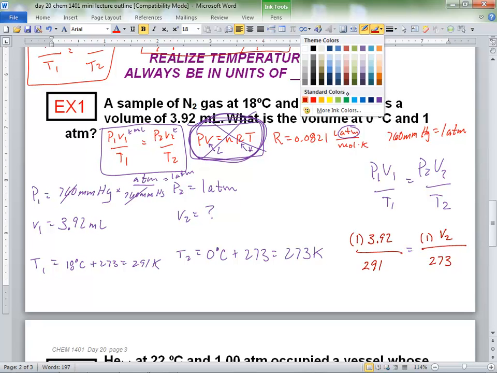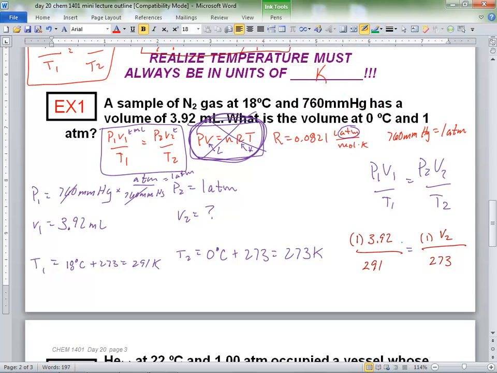See how this is a great problem for those, right? It's moving things along a diagonal. V2 is already up on top, so leave it alone. The only thing you got to do is move that 273 over. So whatever's on top, multiply, bottom divide. You get an answer.